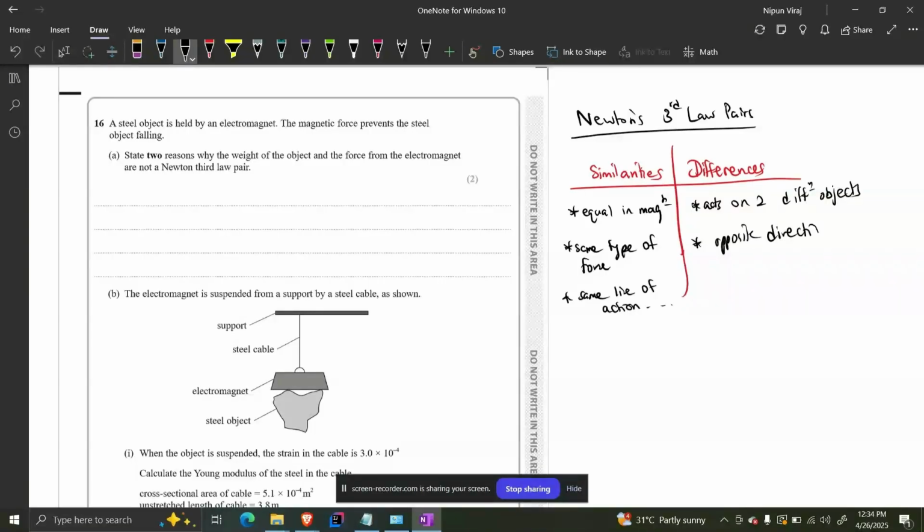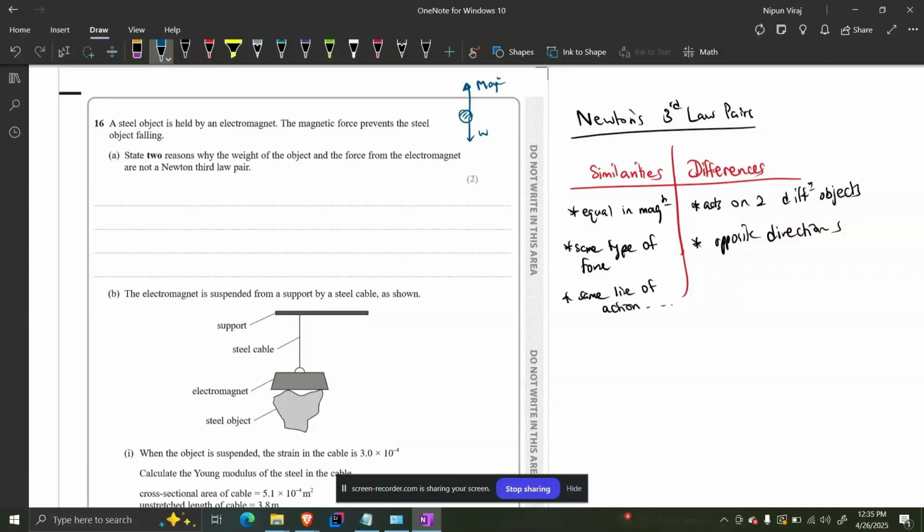Okay. So if you consider this, a steel object is held by an electromagnet. The magnetic force prevents the steel object from falling. What is the meaning of that? Now, there's a steel object. There is a magnetic force acting upward, and there's weight acting downwards. So these two will be balanced. But just being balanced doesn't mean that they are a Newton's third law pair.